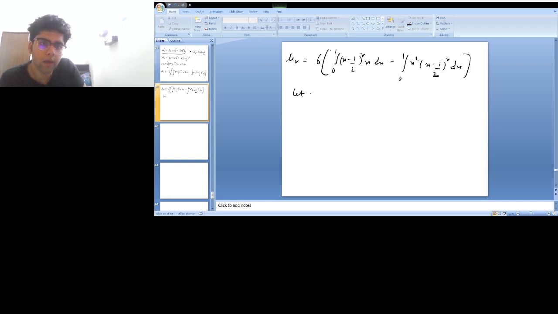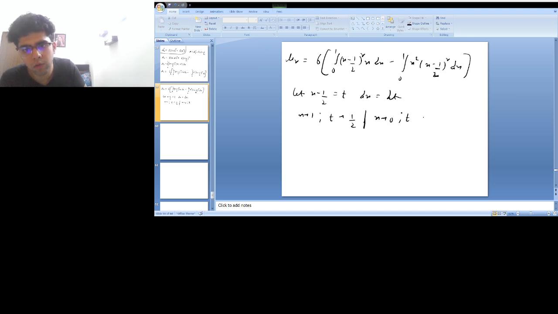Let x minus half be equal to t, so dx is equal to dt. When x goes to 1, t goes to half. When x goes to 0, t goes to minus half. So my limits are minus half to half.